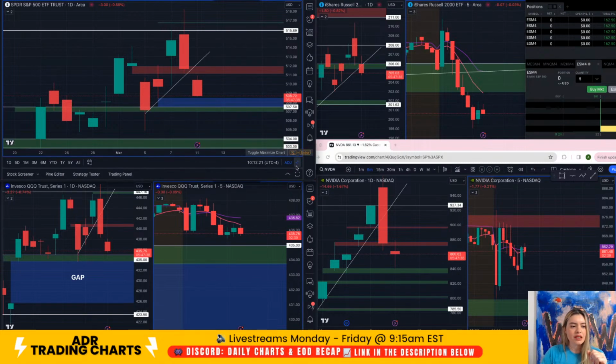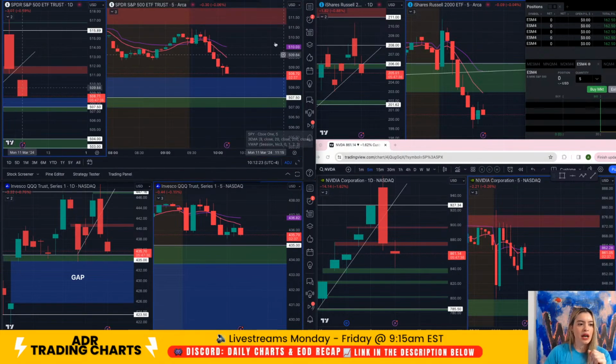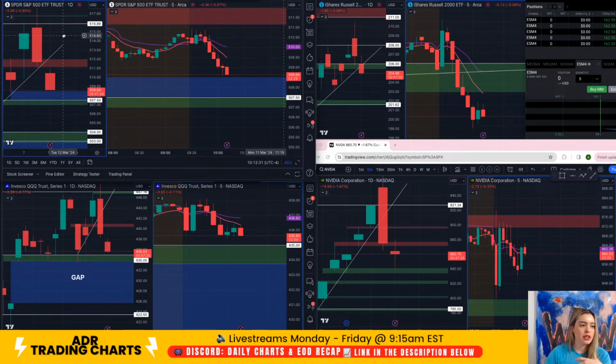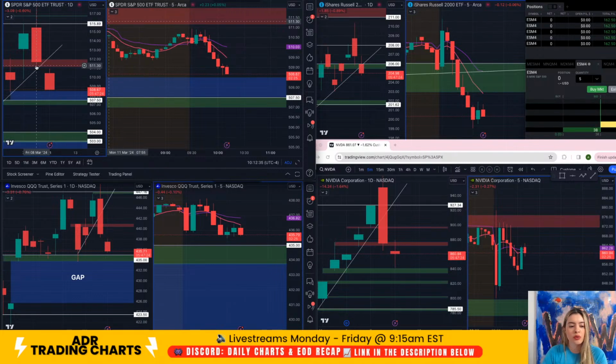Same with SPY. Rejection here at this morning's high. It's better than the Q because it's clearly showing rejection at Friday's low, which technically, when you open under or reject the previous day low, that's bearish. If you hold the previous day high, that's bullish, right?